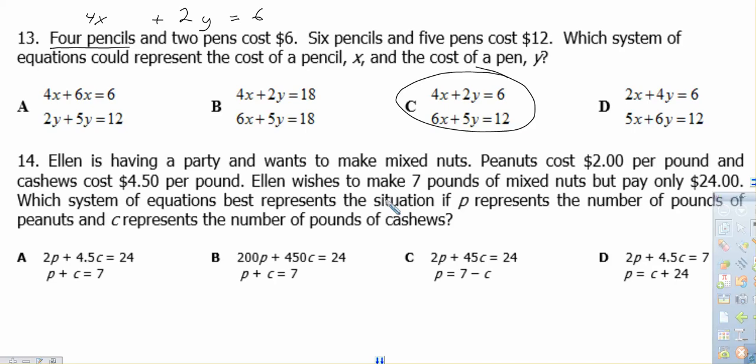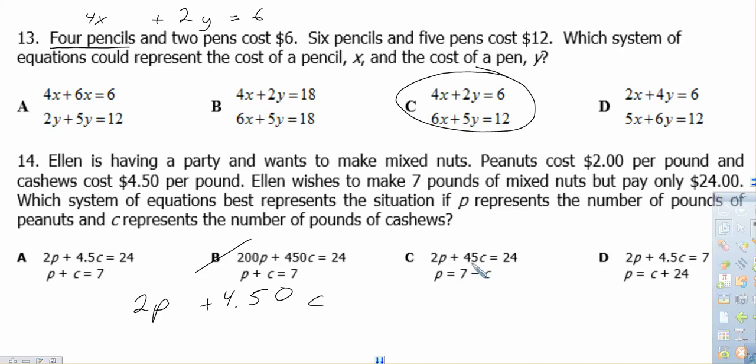All right, so next, Ellen is having a party and wants to make mixed nuts. Peanuts cost $2 a pound, and cashews cost $4.50 a pound. Okay. And let's see, P is pounds of peanuts and C is cashews. So 2P should be in there somewhere. Okay, and that is not B. Now 4.50 goes with cashews, so 4.5C.